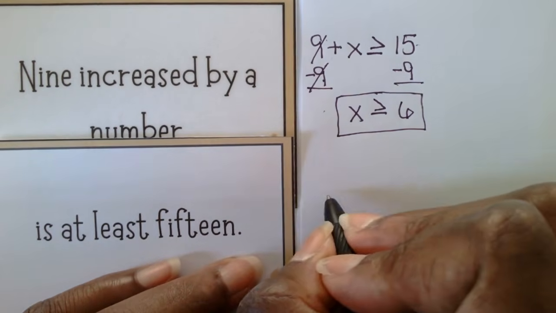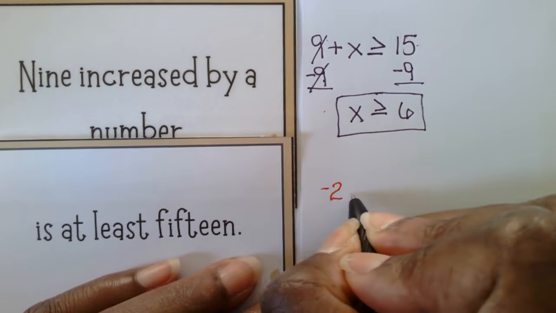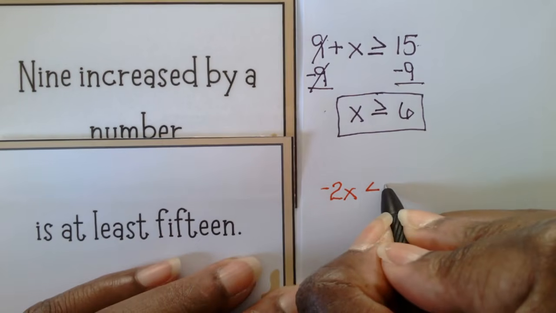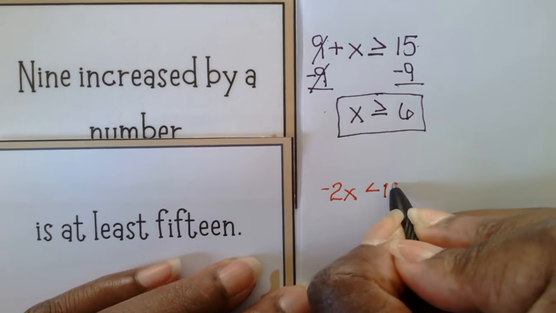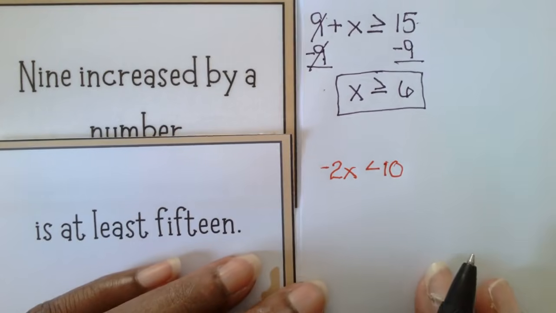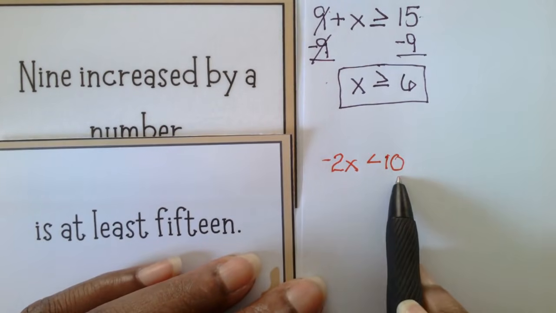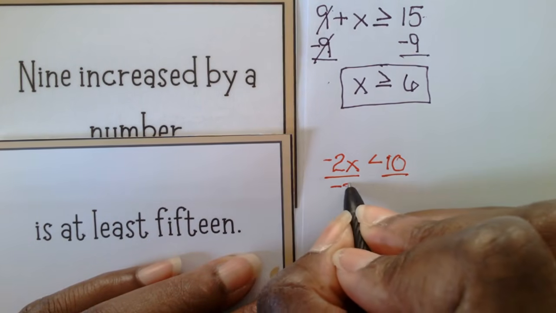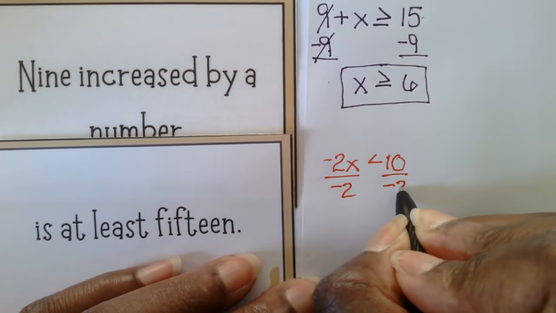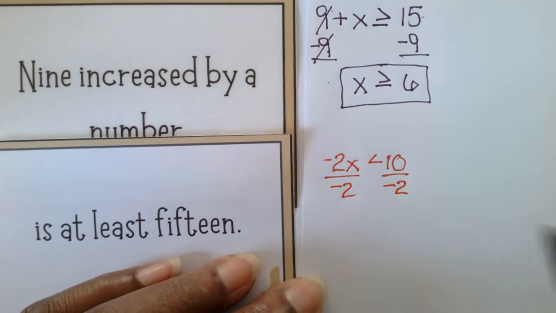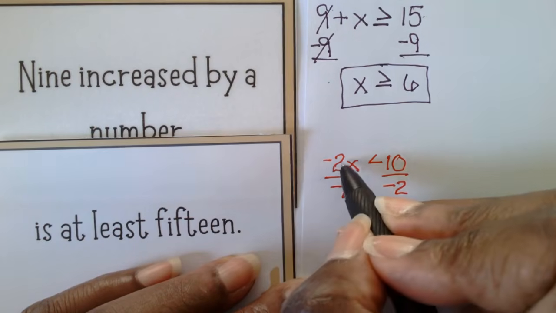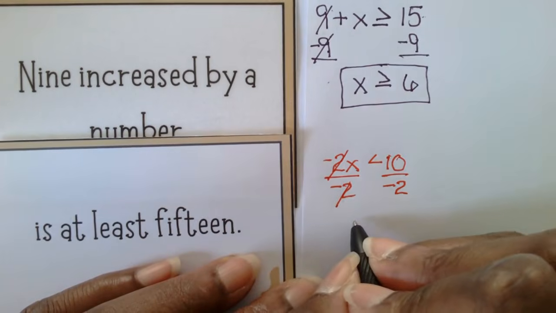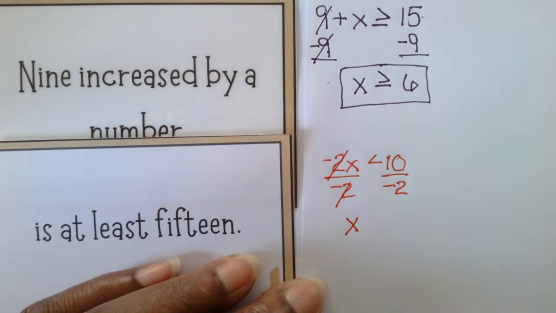Let me throw something else up. If I had negative 2x is less than, I don't know, 10. If I wanted to solve this problem, I would divide both sides by negative 2 because I want to get x by itself. So a negative divided by a negative gives me a positive, and 2 divided by 2 gives me 1, so I can bring down a 1x or an x.